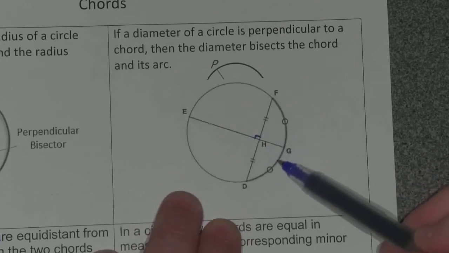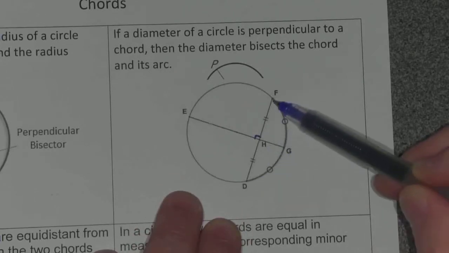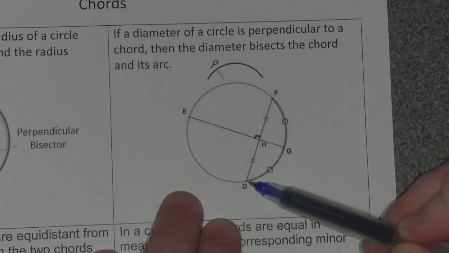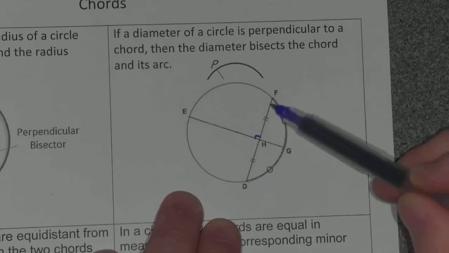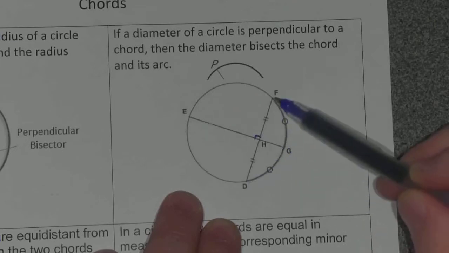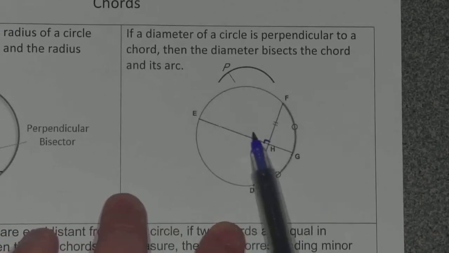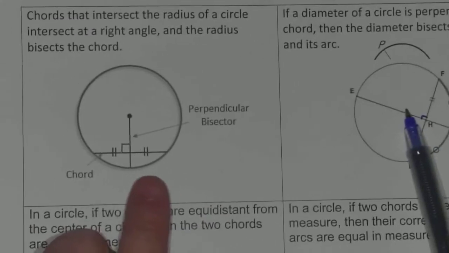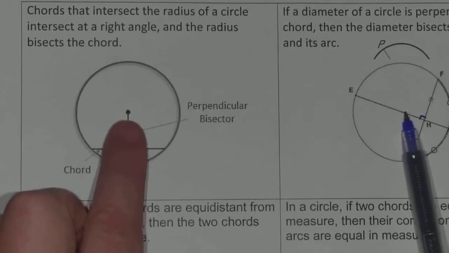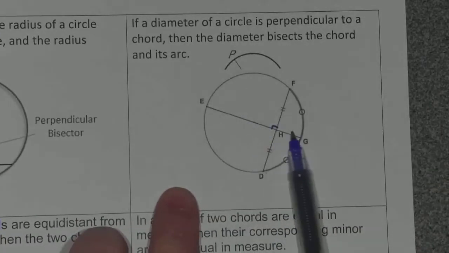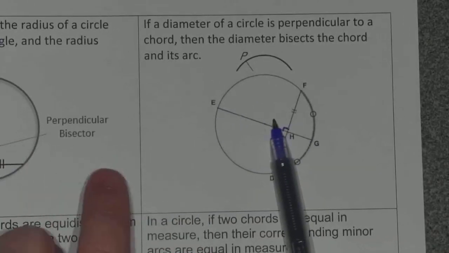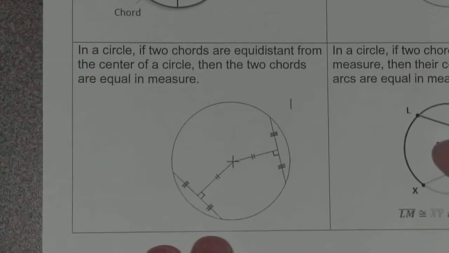It also cuts these two arcs into two equal arcs, okay? So if you know the length of this arc, then you also know the length of this arc because it got broken into two equal pieces. So really this second rule and the first rule, they're about the same rule because a radius is half of the diameter, which means these rules follow those same rules over here, okay?